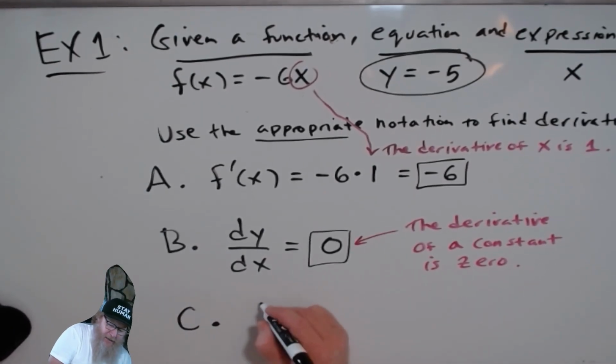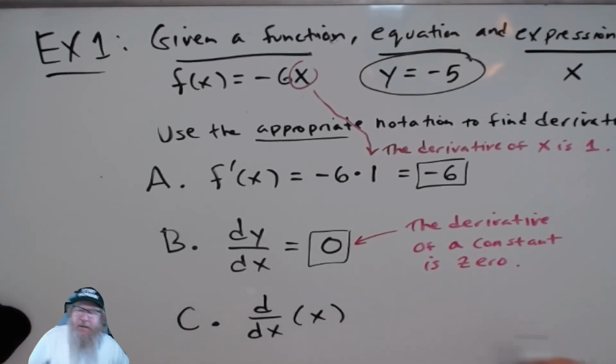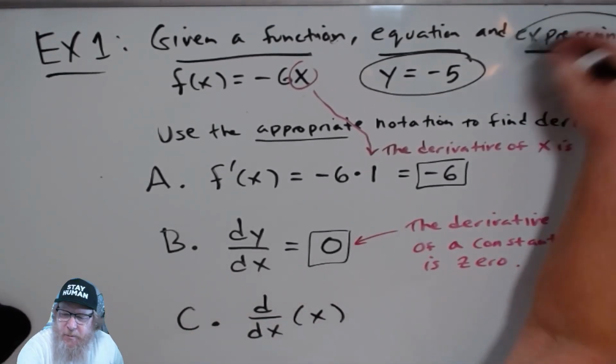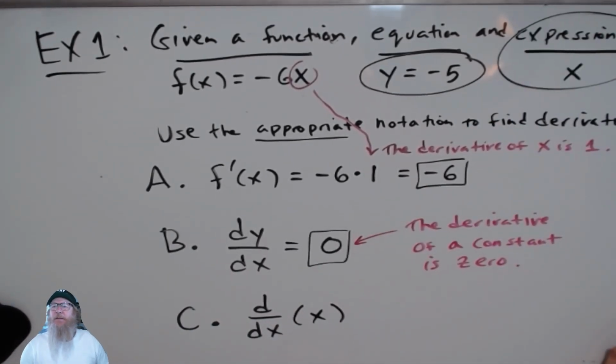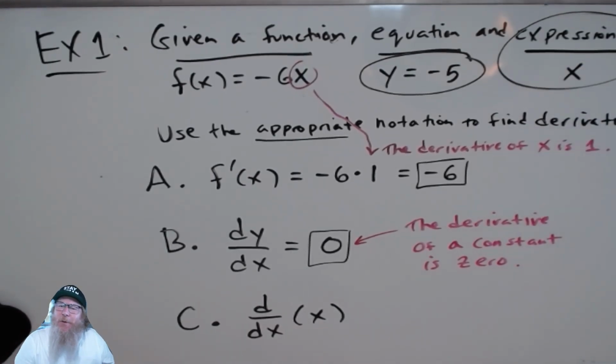And the last notation, called the operator notation, that would be this one. Expressional notation or operator notation. I'm taking the derivative of the expression x. The derivative of the expression x. That's the one we just did.